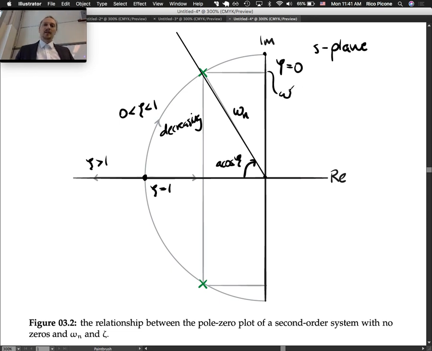This is actually equal to the damped natural frequency, which is the natural frequency times the square root of 1 minus zeta squared. So those are the highlights of looking at this complex conjugate pair of poles, or it could even be that they turn real.